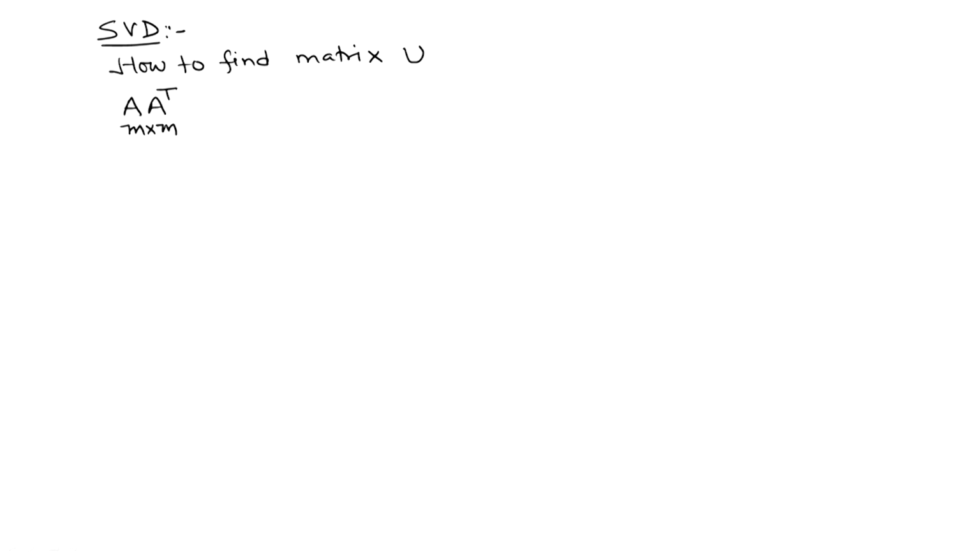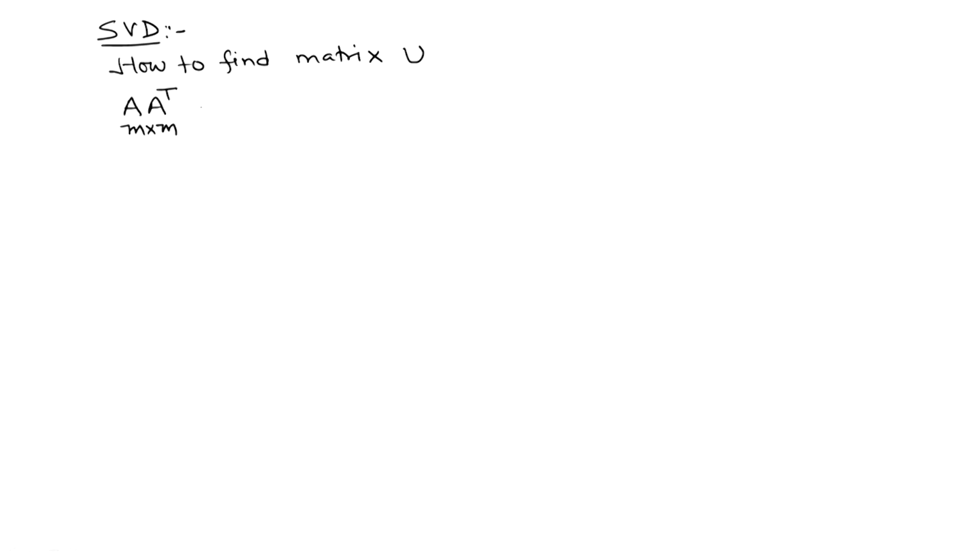Furthermore, this will be a symmetric matrix. So, the eigenvalues of A into A transpose will be real. Moreover, it will contain an orthonormal set of eigenvectors since it is symmetric.